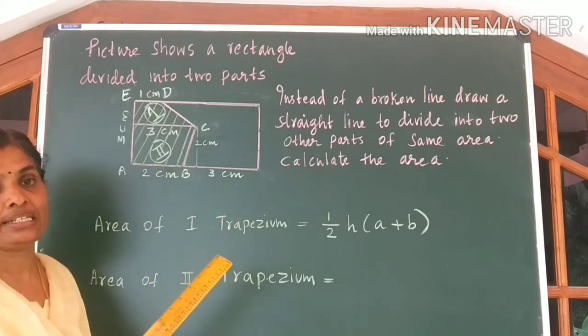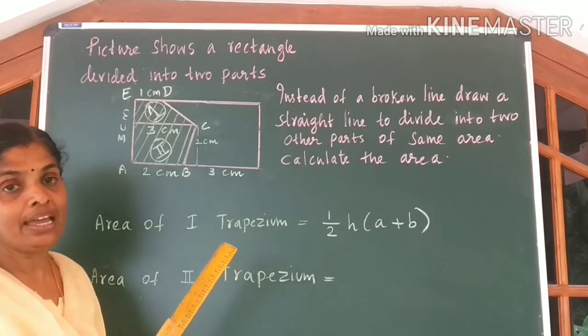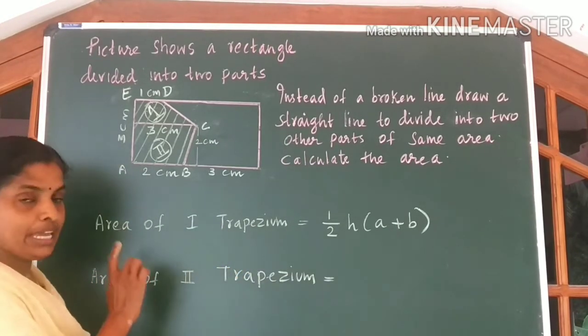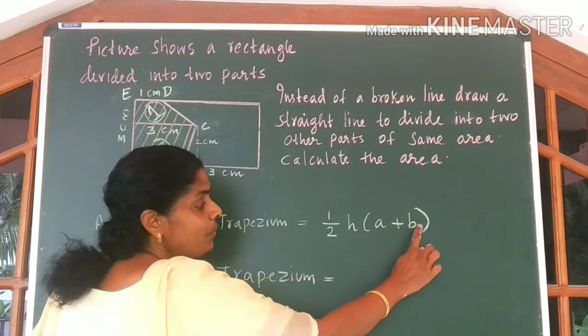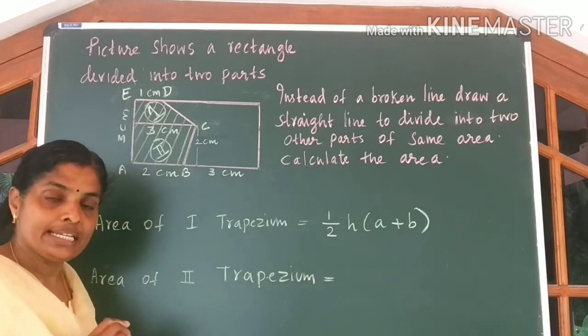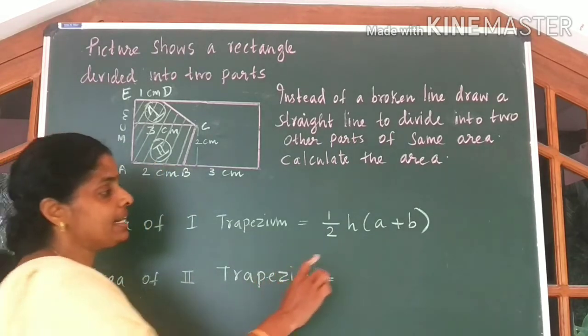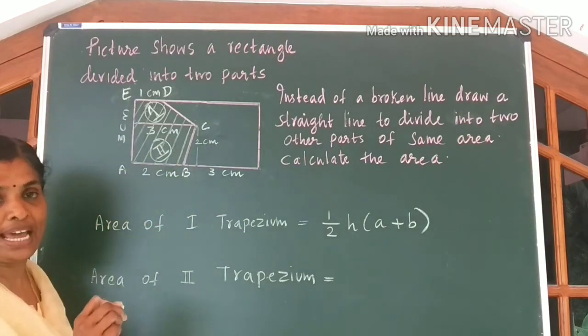A quadrilateral with one pair of opposite sides parallel is a trapezium. Area of a trapezium is half into H into (A plus B), where H stands for the distance between parallel sides and A and B are the lengths of the parallel sides.